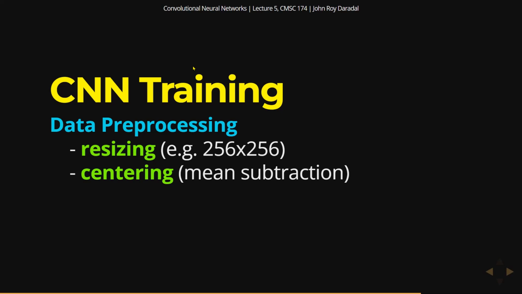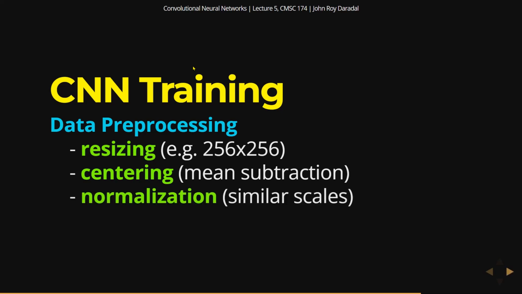So you center it because you are subtracting the average. Yeah, so that's one thing that you can do to pre-process your images before feeding them to your CNN. And then there's also normalization. You can do this so that you can put the numbers in similar scales. Okay, so those are the three pre-processing techniques that you can do for your images.